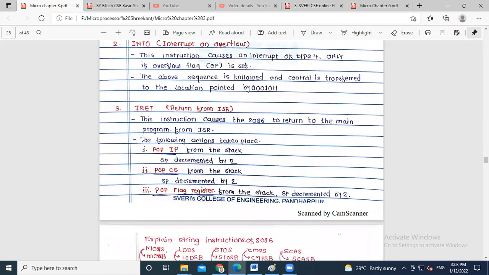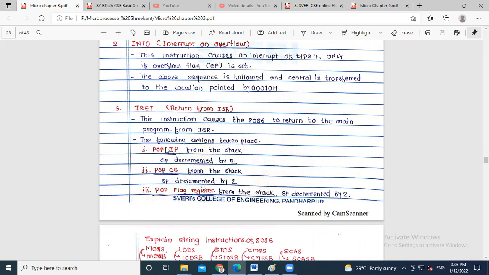In the interrupt, there is a third category, that is interrupt return, or we say return from the interrupt service routine. Under this, there are three operations: pop IP, pop CS, and pop the flag register.